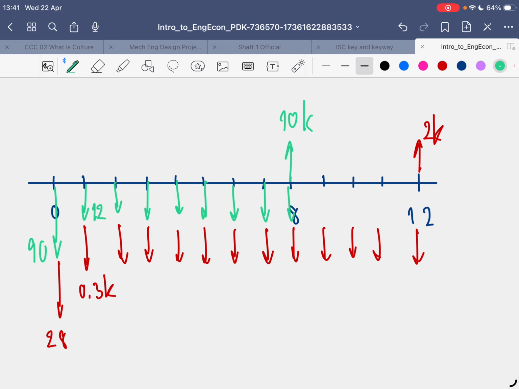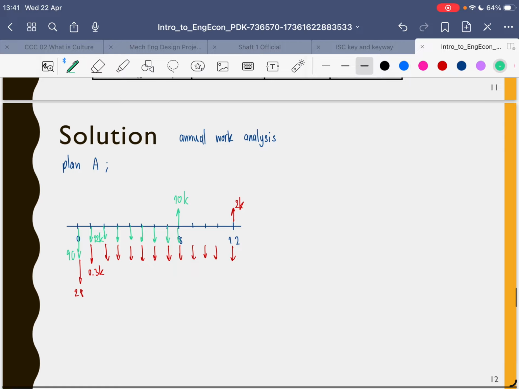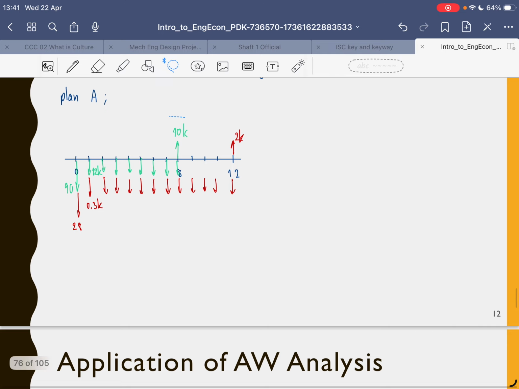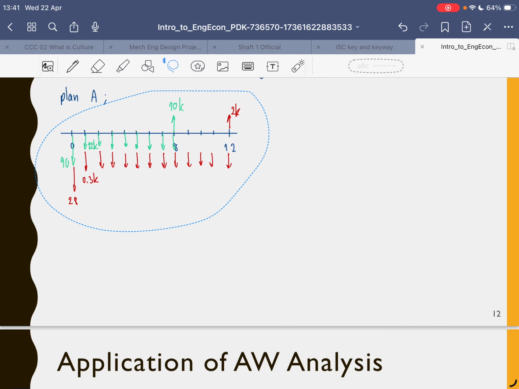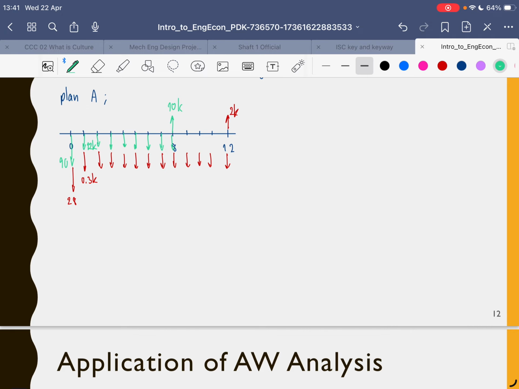Plan B has the same timeline, but this time it is 24 years. You have year 0, year 1, until year 24.